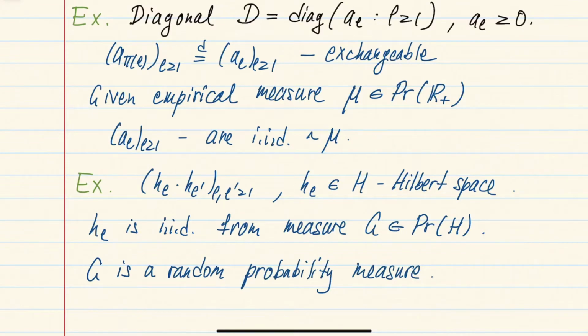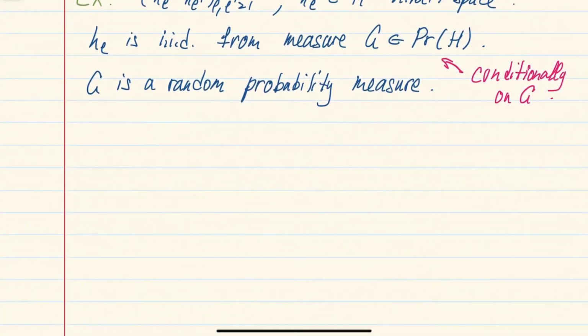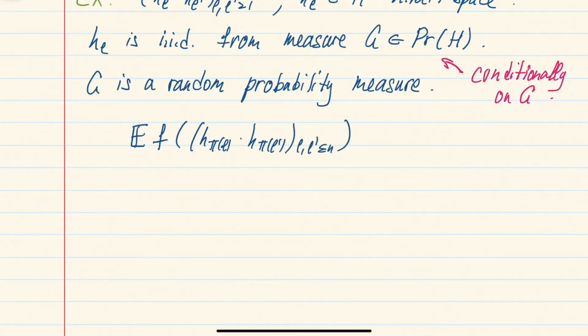And the statement above, that this sequence is IID from this measure, is conditionally on this measure G. Now, of course, this means that this array is weakly exchangeable, because if you compute the expectation of some function that depends on finitely many elements of this array, let's say on the first n rows and columns, and you permute those rows and columns, you can first take expectation conditionally on the measure G. But conditionally on the measure G, your sequence is IID.